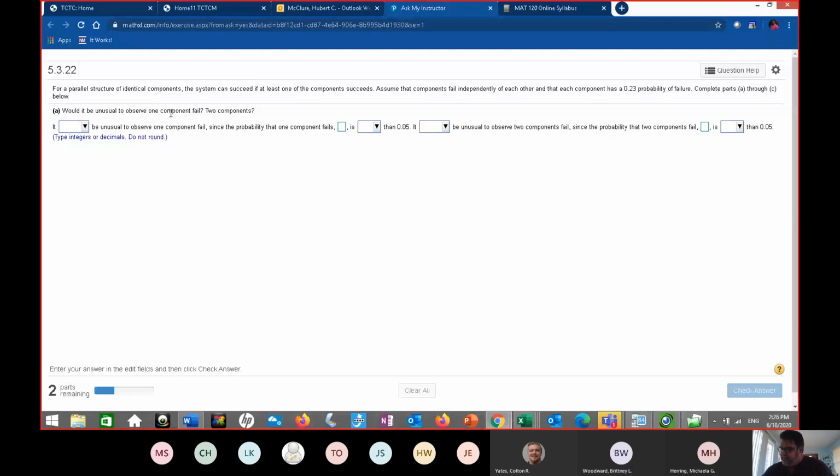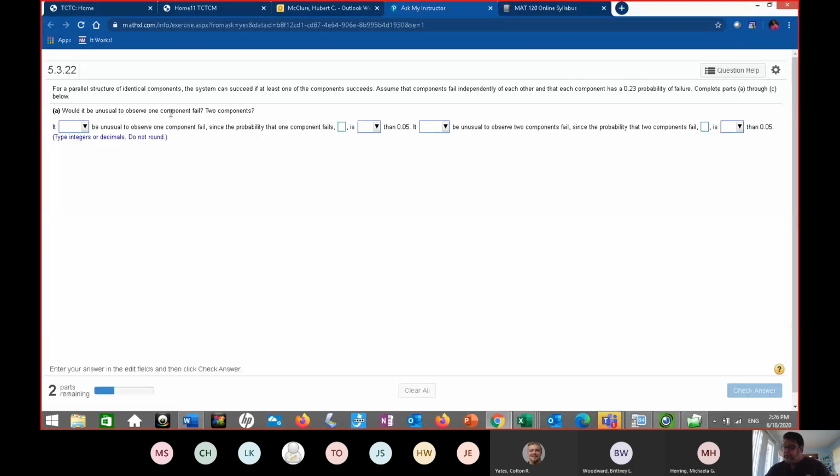A component to fail has a 23% probability or a 0.23 probability. Component failure equals 0.23.